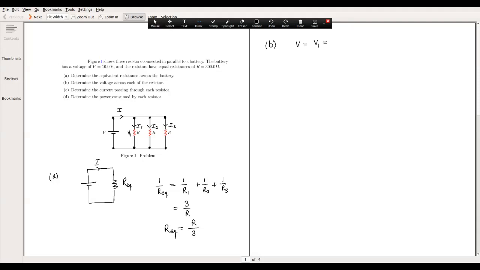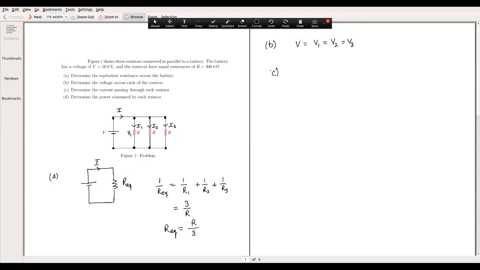Even if these were R1, R2, R3, that holds: V1 is equal to V2 is equal to V3. It does not depend on whether the resistors are identical or not. That plays an important role in resistors in parallel. If the voltages are the same, the distribution of the currents is decided by the resistances. So let's come to part C now.